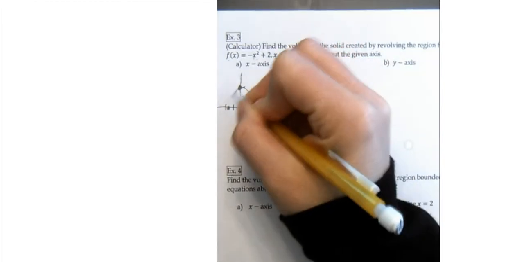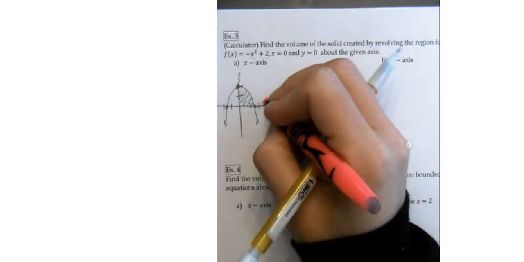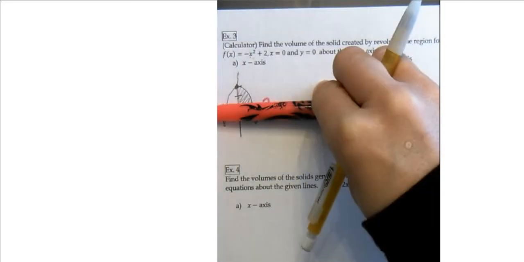This would be square root of 2, if this is 0, because we would want this whole thing to be negative 2. So we would kind of want this and this. And then because this is the boundary, here's our region. We're revolving it around the x-axis. Here's our axis. Rectangles are perpendicular.